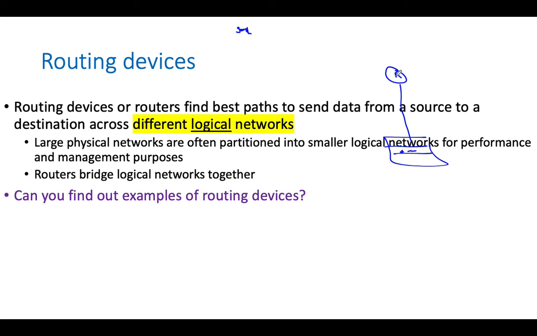What will the router do? It will search for the best and shortest path to reach Google, send your data, and bring your data back as well. That's the main job of routing. However, the router has a lot more functions than that.